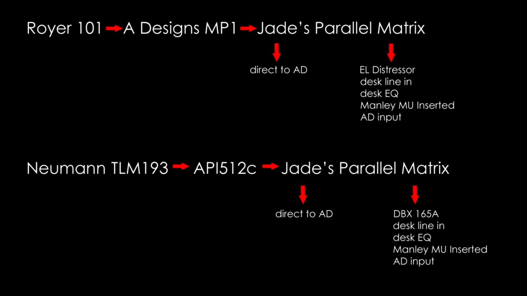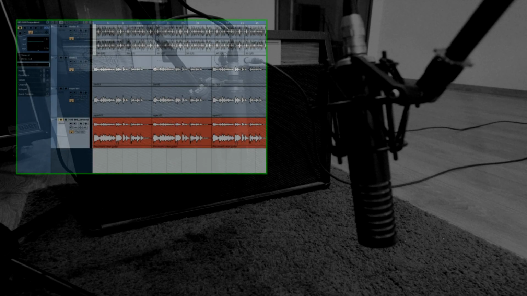First of all, let's take a look at the signal chain starting from the microphone all the way to the AD input on our interface. We'll start by listening to the direct outputs of the preamps and how they sound.